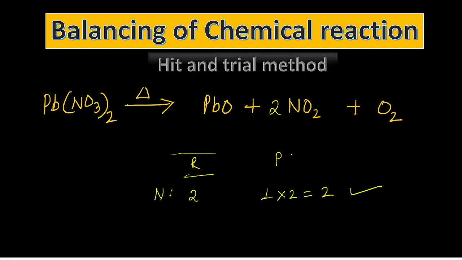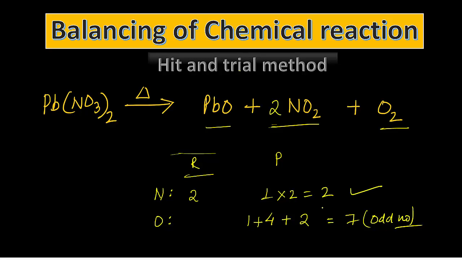Now, what is the number of oxygen atom? In this molecule, the number of oxygen atom is 4, plus here the number of oxygen atom is 2, plus here the number of oxygen atom is 1. Okay, so total is 7. Why? Because this is an odd number.